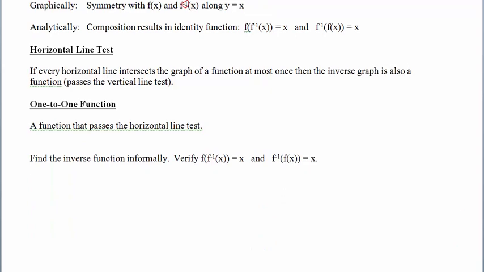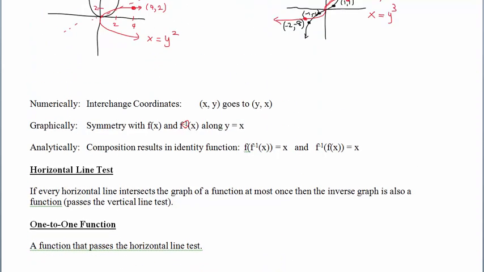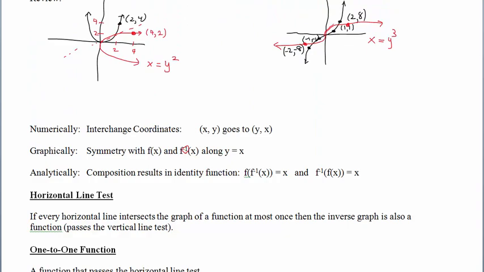Horizontal line test. If every horizontal line intersects the graph of a function at most once, then the inverse graph is also a function, meaning it passes the vertical line test. So let's look at that graphically back up here in our first two examples. Think of y equals x squared, which is a function, and think of a horizontal line test.